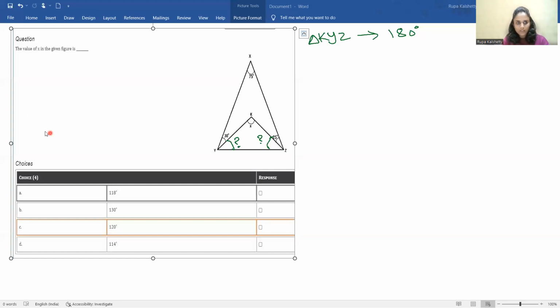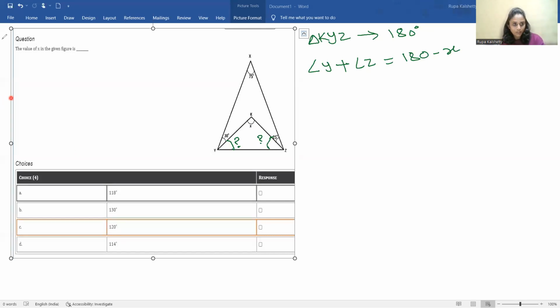So can we say that angle y of KYZ plus angle z should be equal to 180 minus x? Because this part is x and these together should be 180 minus x. Okay, this is one point we got here.